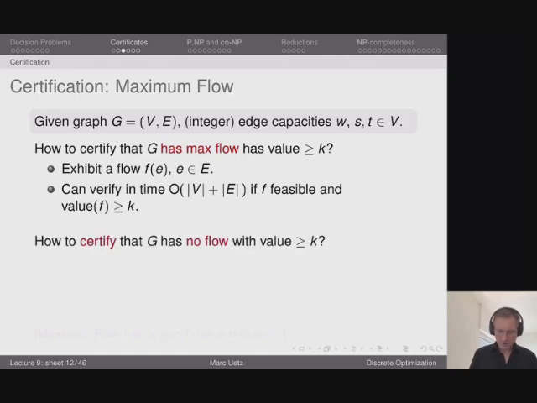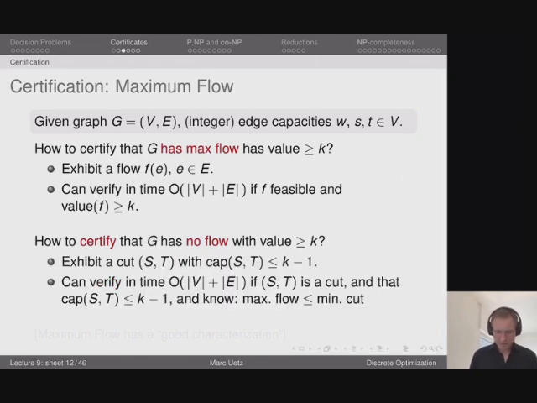So how would we certify that there is no flow with a value at least k? And also here we had a duality theorem, namely that involving minimum cuts, right? So if you want to convince me that there is no flow of value k or larger, you just show me a cut which has a capacity at most k minus 1. And then I know by the maximum flow minimum cut theorem that no flow value can be larger than this k minus 1.